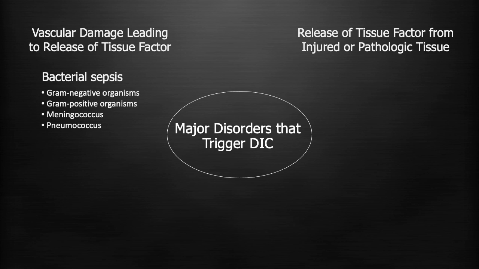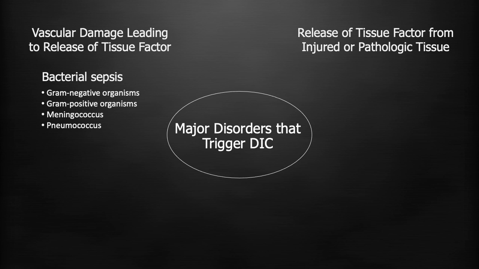Sepsis is the most common trigger of DIC among medical or surgical inpatients. Sepsis is a life-threatening condition that occurs when the body's immune system overreacts to an infection. Sepsis is a major cause of DIC, as the inflammatory response can trigger the activation of both the coagulation and fibrinolytic systems.